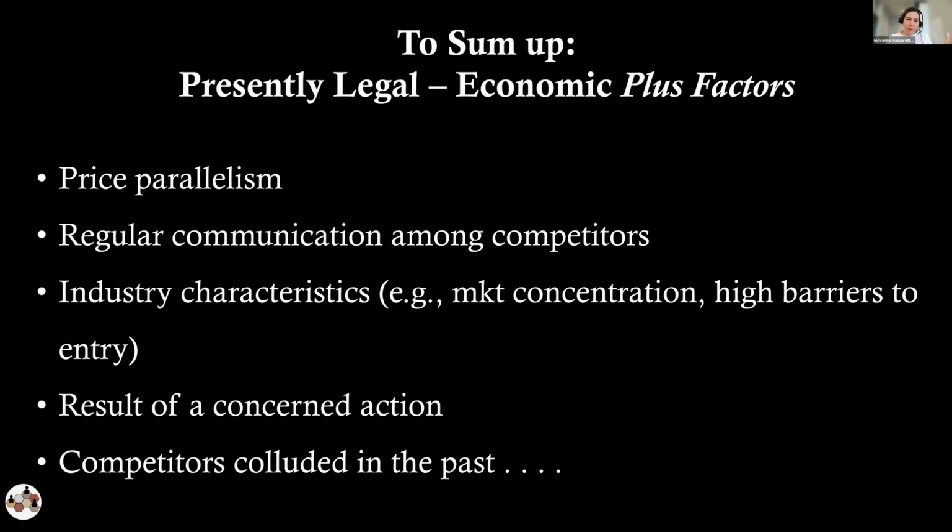To sum up, right now the law is providing legal and economic plus factors, and in this list the main ones are summarized: price parallelism, regular communication among competitors, industry characteristics, the conduct being the rational result of a concerted action, and competitors colluding in the past.